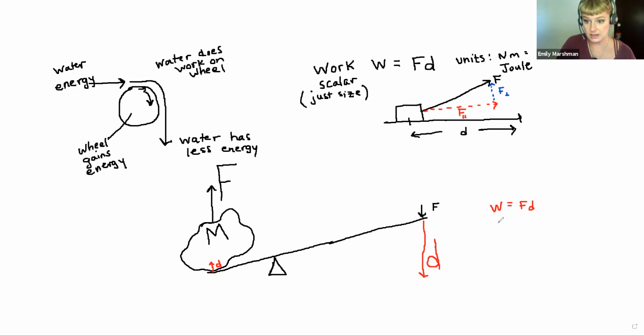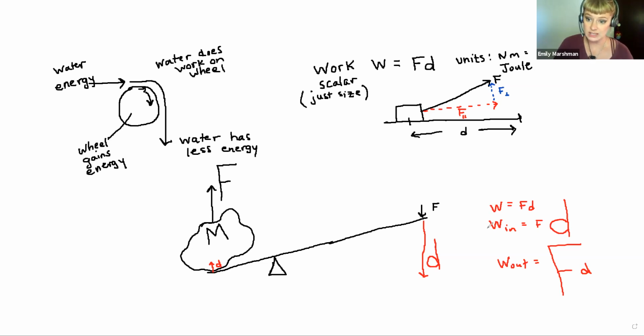So on this side, the work input is a small force over a large distance. The output work done by the lever is a large force only lifting up a small distance, d.